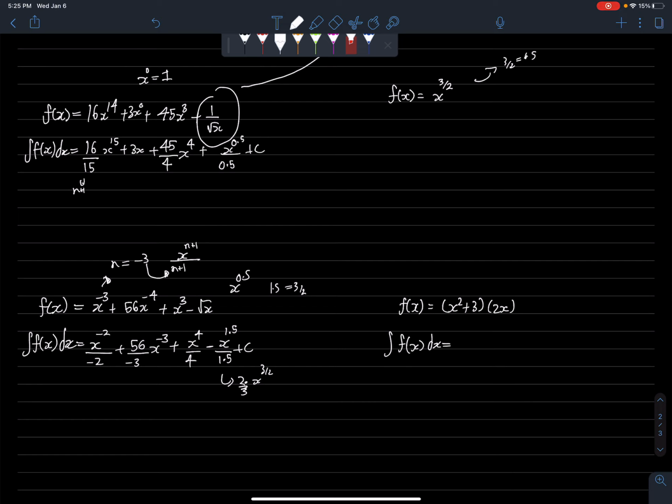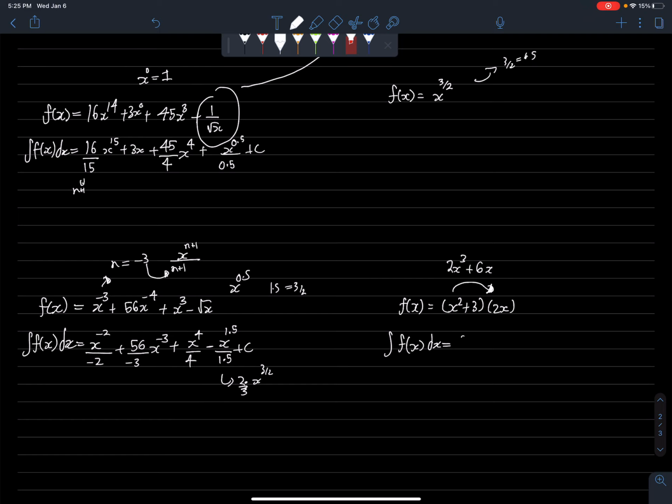If you knew integration by substitution you could do this without expanding, but we don't yet, right? So let's expand these out. Very easy function to expand out. So it's just going to be x squared times 2x, so it's going to be 2x cubed, right, plus 6x. So let's take the integral of that.